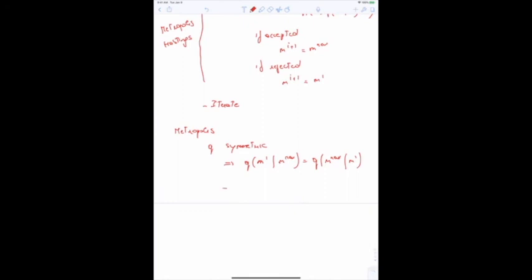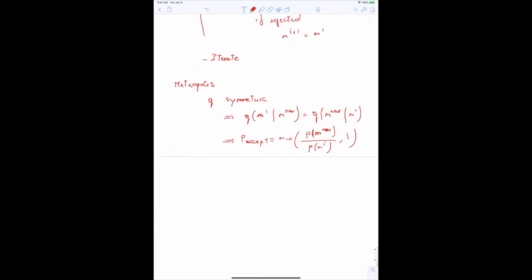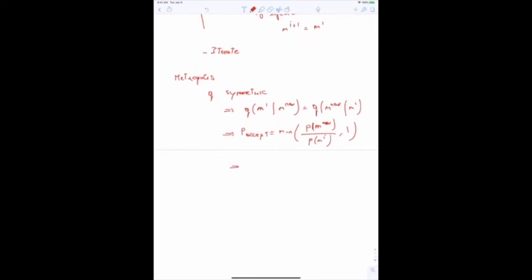So at this point, the probability of accept is simply the minimum between the ratio P of M nu divided by P of Mi and 1. Which means that if P of M nu is greater than P of Mi, we accept M nu.